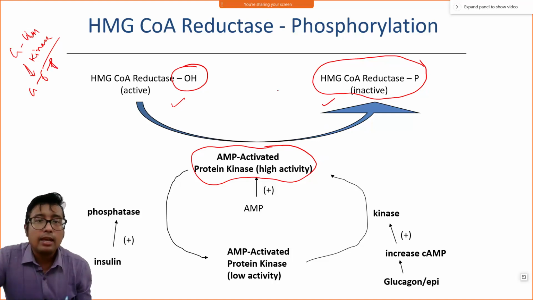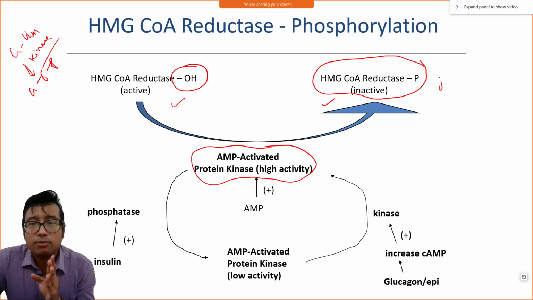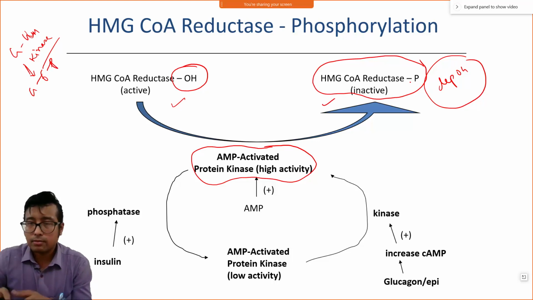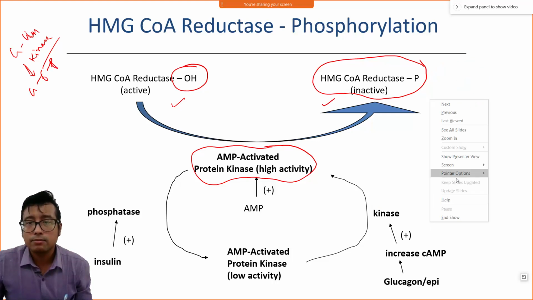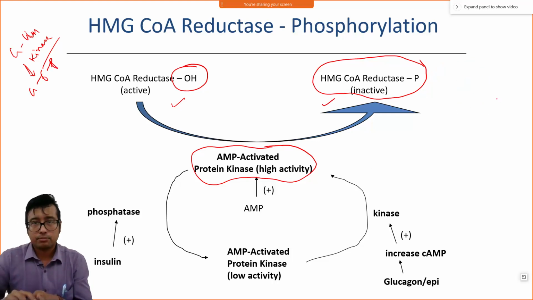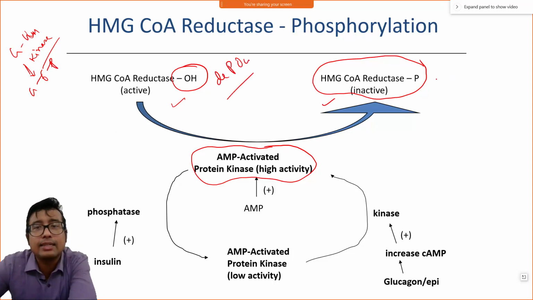Please listen. HMG CoA reductase is active in dephosphorylated form. I told the right thing but I wrote it in the wrong area. This is active in dephosphorylated form and it is inactive in phosphorylated form, right?